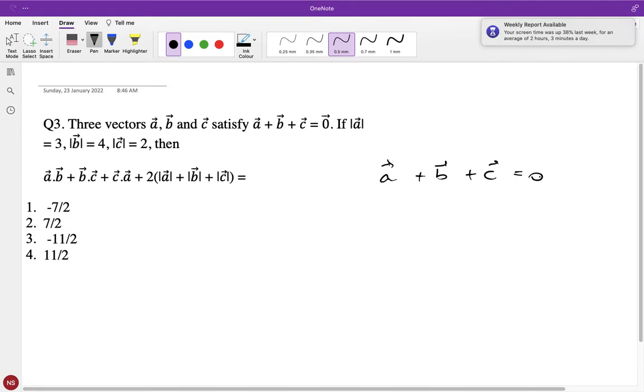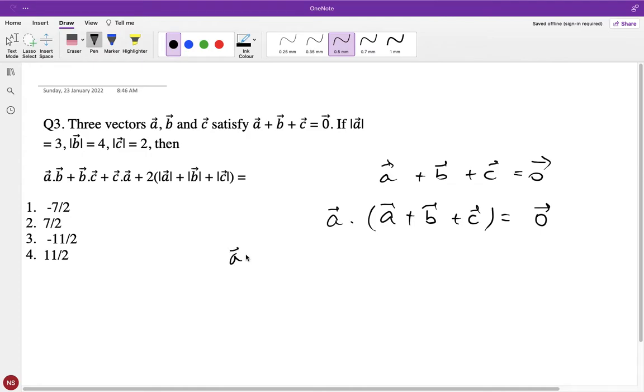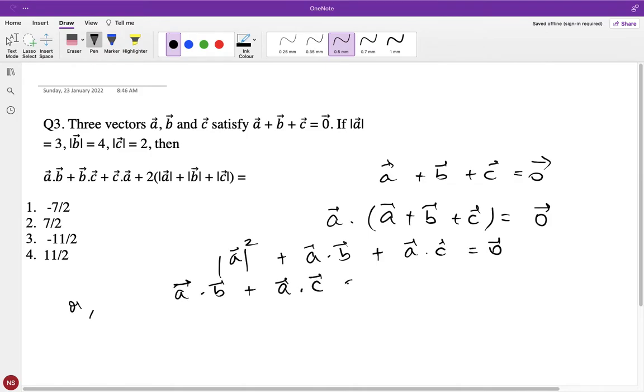If I take the dot product of the zero vector with A, that is A dot (A plus B plus C), this will stay 0. So A dot A is mod A square, plus A dot B plus A dot C is equal to 0, or A dot B plus A dot C is equal to minus mod A square. Mod A is 3, so minus 9.